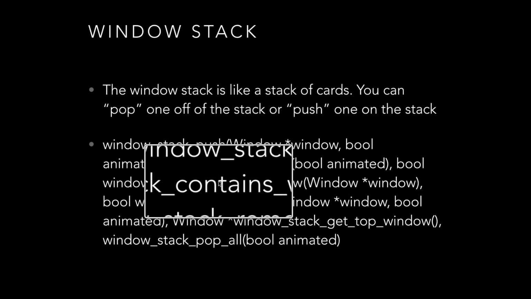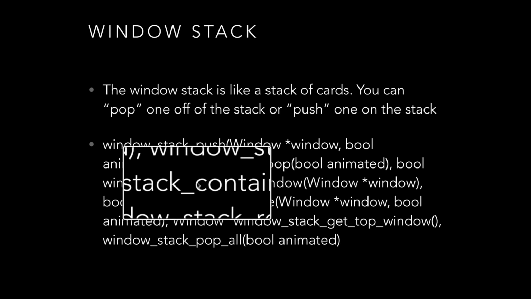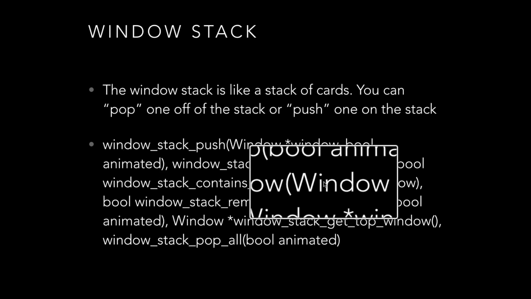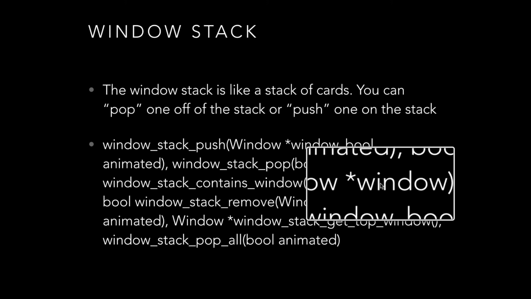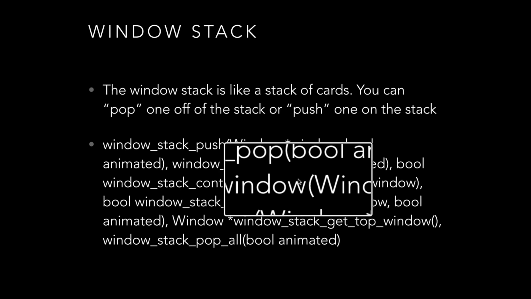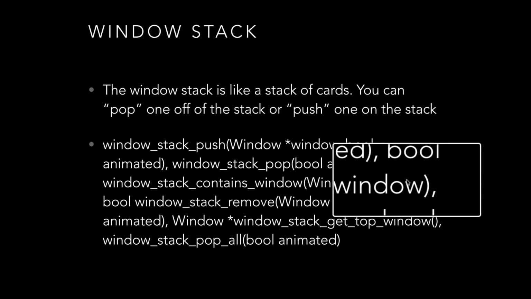It would return false because we only have an ace, a 4, and a jack. All right, so this is the same for the window. You pass in your window pointer, and it returns whether or not that window has been pushed and is in the stack.